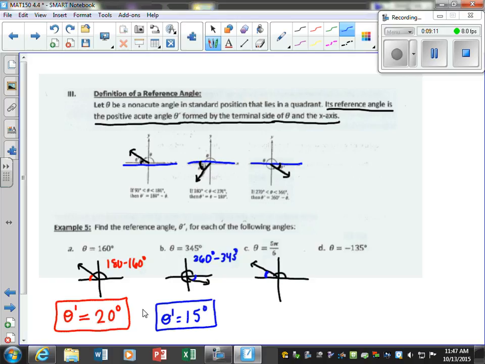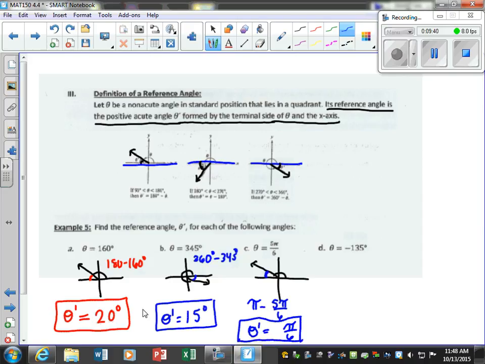So instead of 180, what's our radian equivalent of 180? Pi, right? So then we would say pi minus 5 pi over 6, which, getting a common denominator, we would find out that theta prime, the reference angle, is just going to be pi over 6.